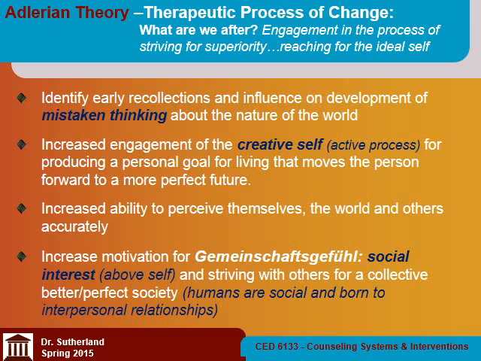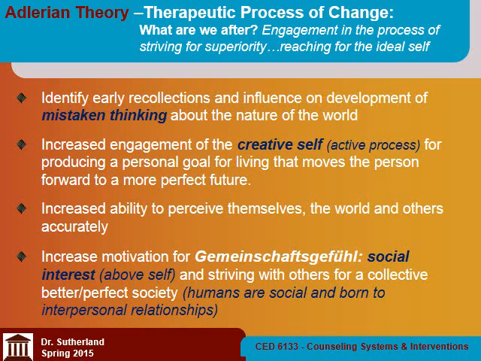Be sure you understand how mistaken thinking is part of what will be the focus in the process of change. Common thinking mistakes that develop in terms of thoughts about the nature of the world, overgeneralizations that will be made, distortions or minimizations, things like that.